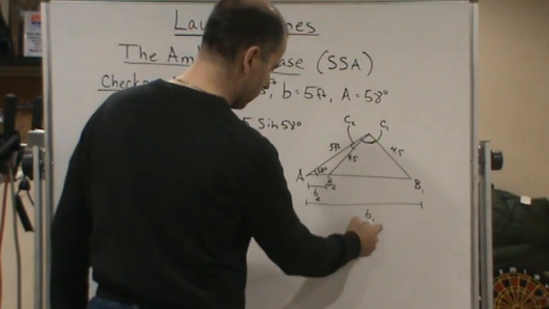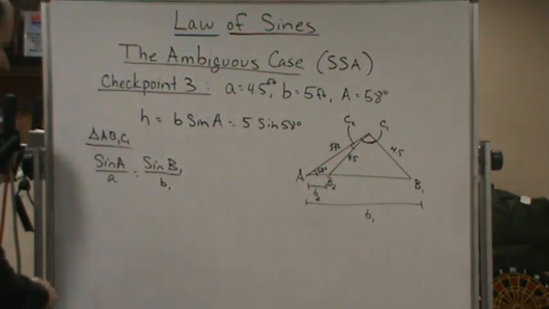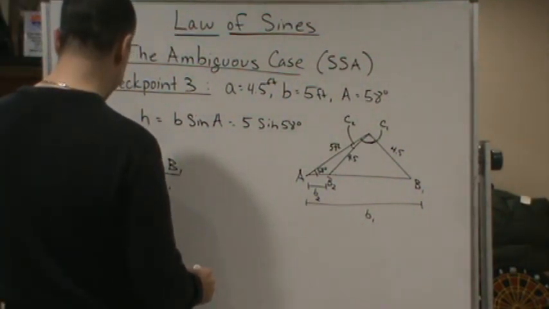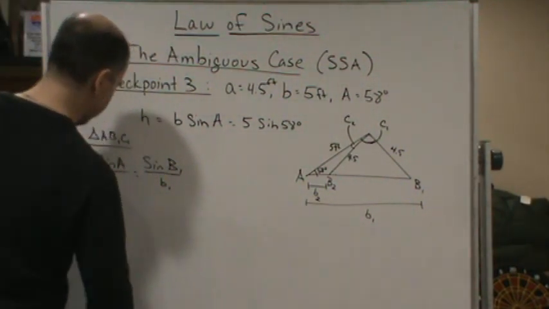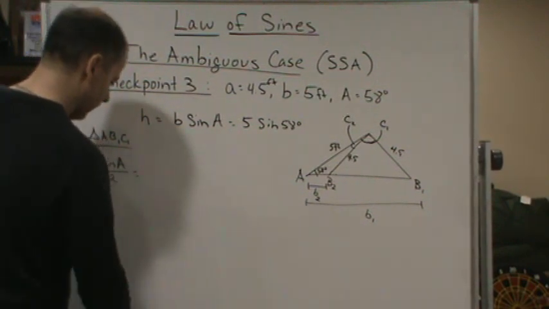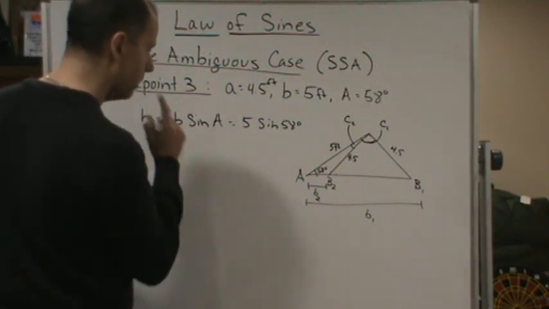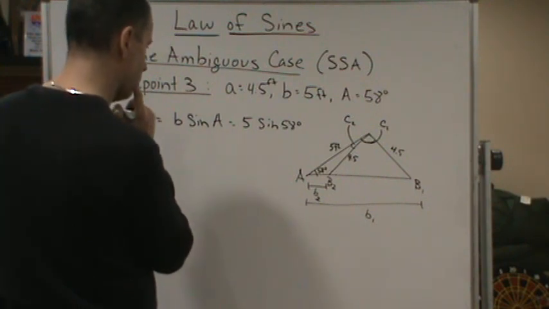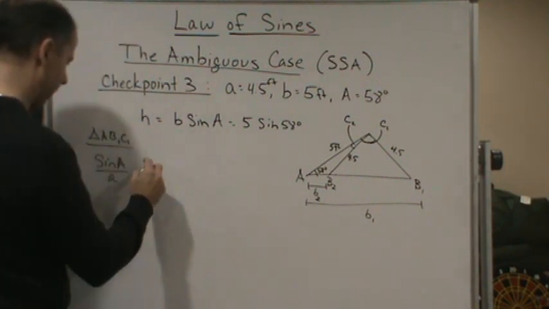The smaller one is B2, so the bigger one is B1. No, we can't do this one then. No, I was right, sorry.